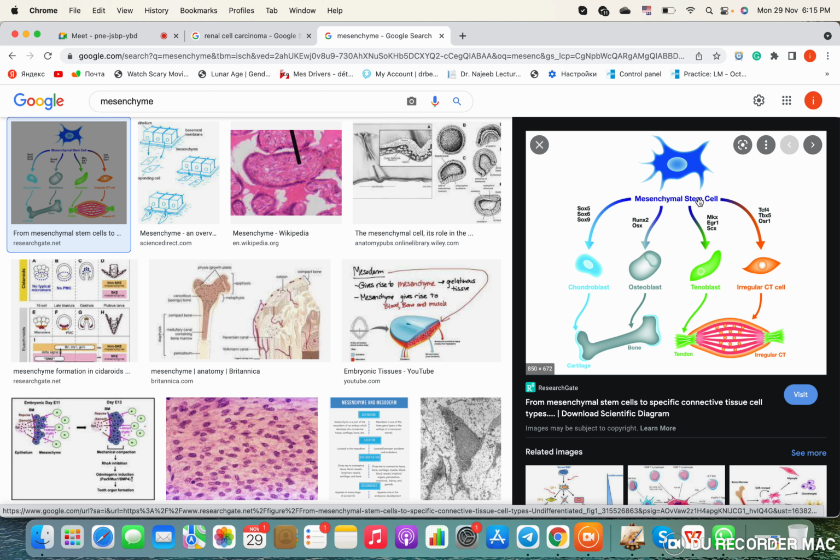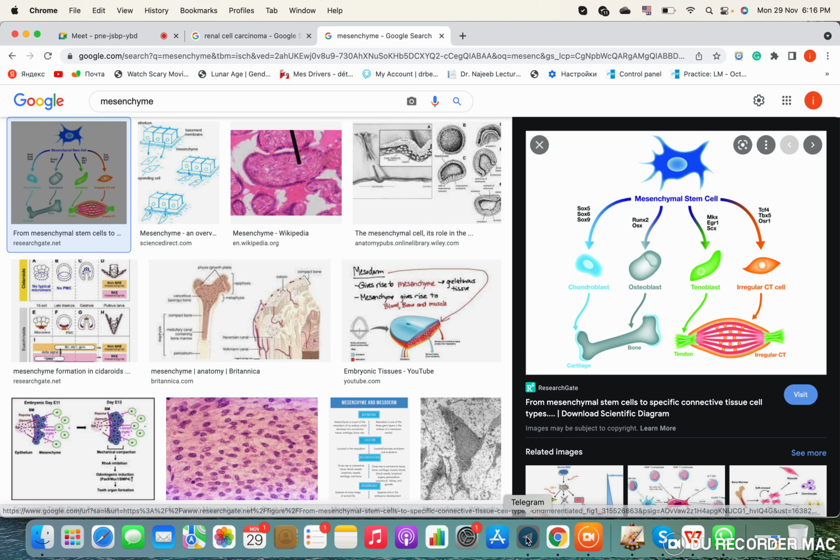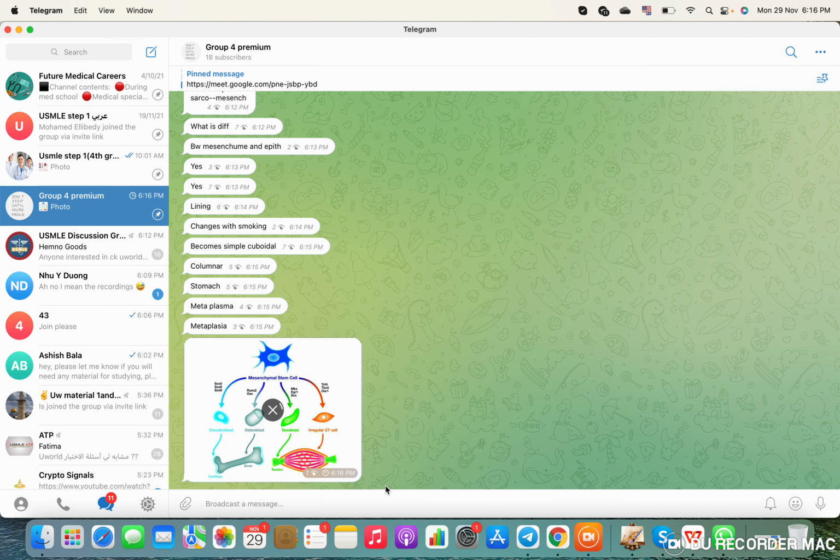I cannot say chondrocarcinoma, where chondro means cartilage. Chondrosarcoma, because it comes from mesenchyme. So any tissue that comes from mesenchyme, we give it the word sarcoma. Any tissue that comes from epithelium, we give it the word carcinoma in case of malignant cancer. I hope it makes sense what the difference is between mesenchyme and epithelium.